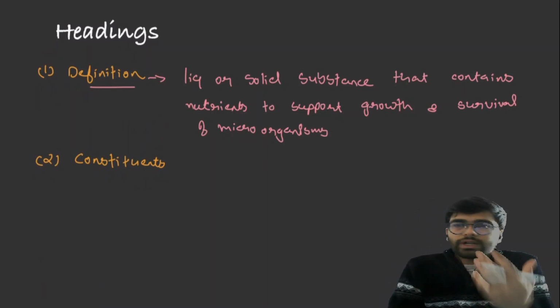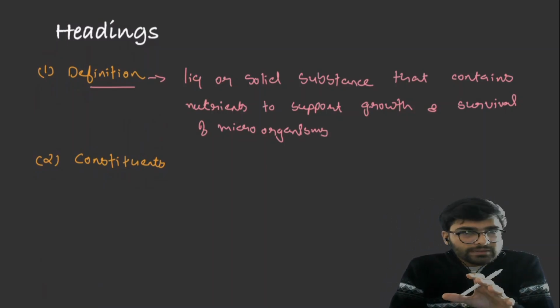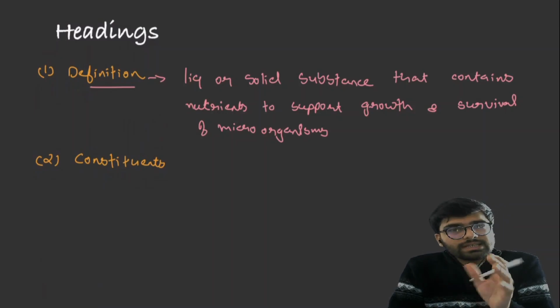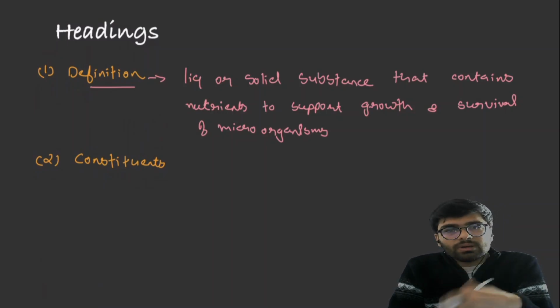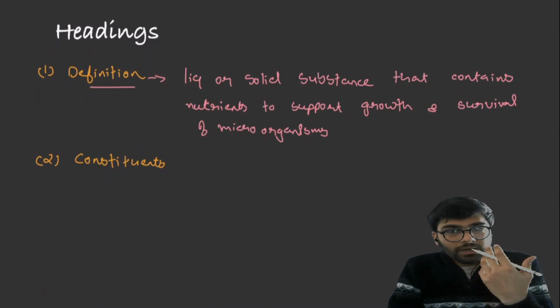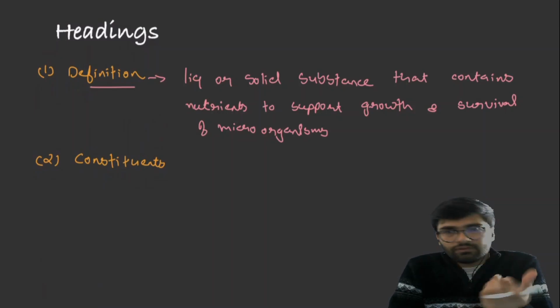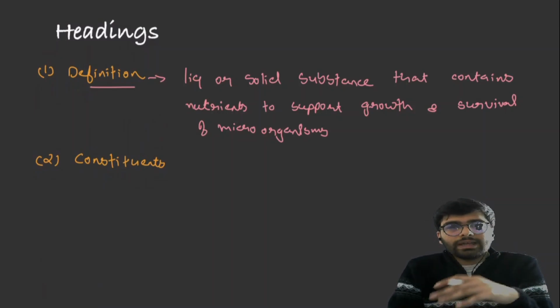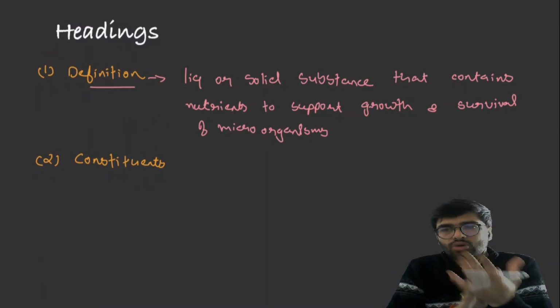So this is the theoretical knowledge. Actual meaning is culture media is a media that helps microorganisms to grow. It contains several favorable conditions, favorable atmosphere, favorable nutrients that helps bacteria, fungus, virus to grow.